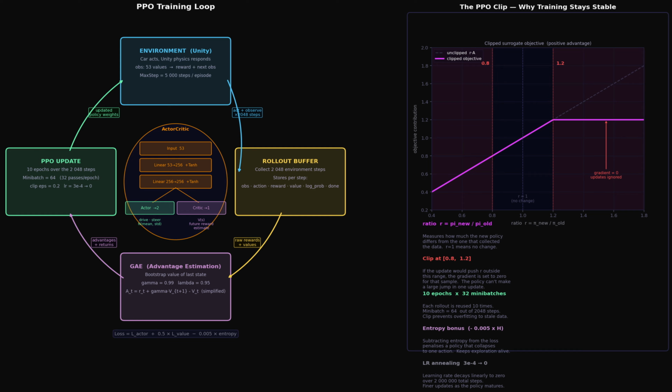The key challenge is that aggressive updates can destroy the policy. For example, one policy is to move forward. Because this is experimentation, the next rollout can produce a policy that tells it to go backward. This is a very drastic change in the weights. We don't want the weights to change too much from one rollout to another, and the car forgets everything it learned. PPO solves it with the clipping mechanism.